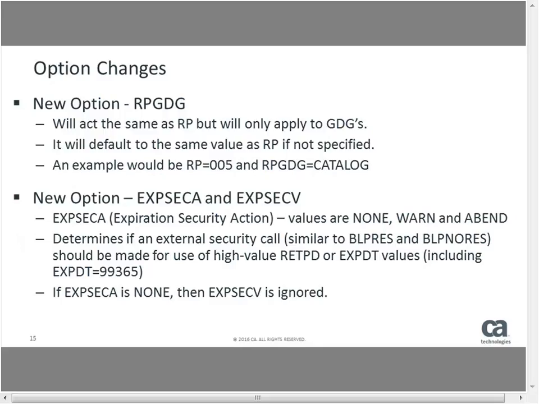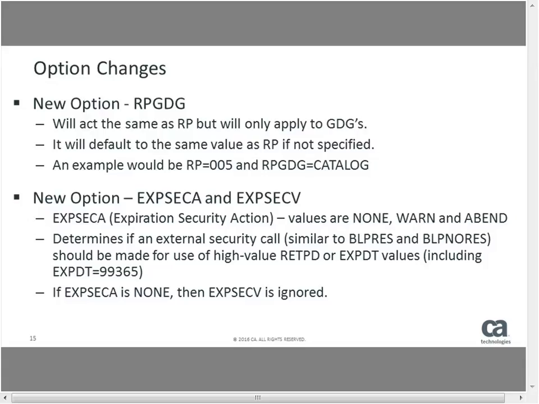Some other option changes that we made in 14.0. Most of you are probably familiar with the RP option, which says this is the default expiration date to use if nothing was specified in the JCL. We now have an RP GDG that will act the same as RP, but will apply only to GDGs.